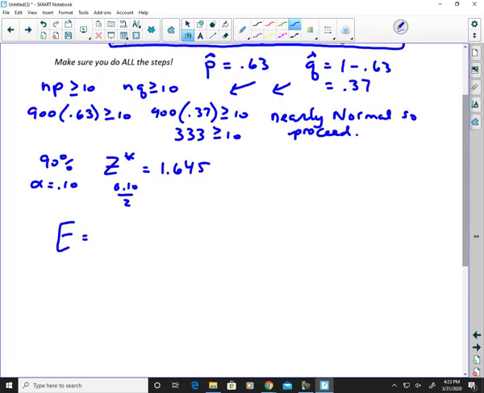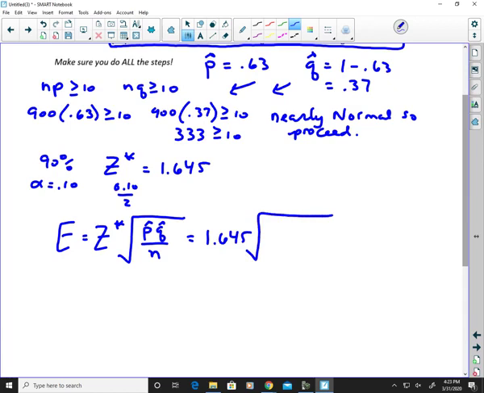My error will be my critical z. And then remember, this isn't means, this is proportions, so I have to use the proportions times each other. I need to have the sample size. So I'm going to punch those into my error formula: 1.645, and then my p, which was 0.37, over the square root of 900.